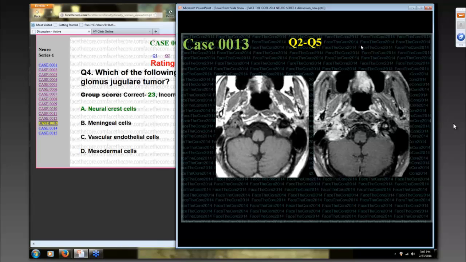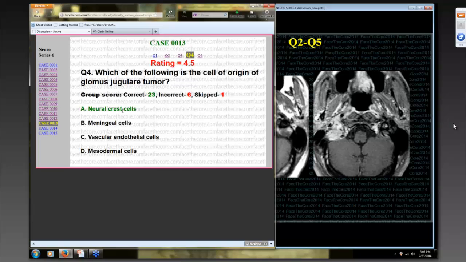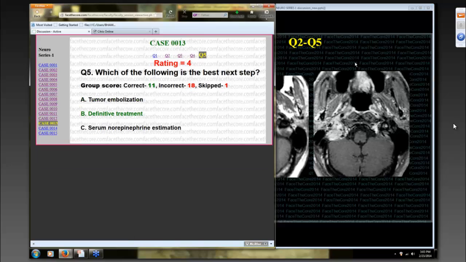Some of these lesions can also be functional, and just like a pheochromocytoma of the adrenal medulla, you can have noradrenaline secretion and patients present with hypertension. So the cell of origin is the neural crest cells in all these cases. And in the fifth question, the best next step is definitive treatment, which is usually an excision in most of these cases.